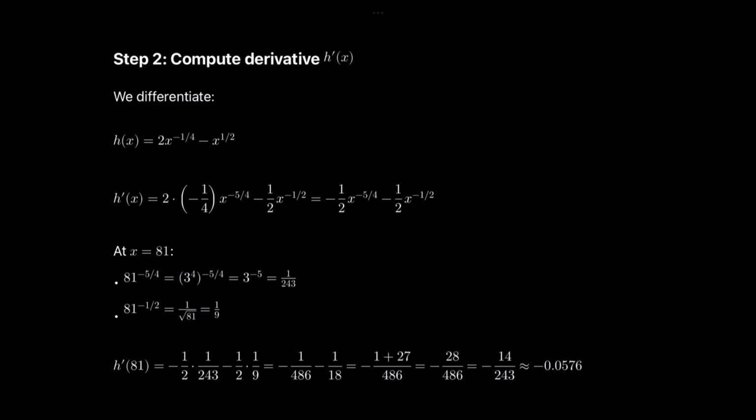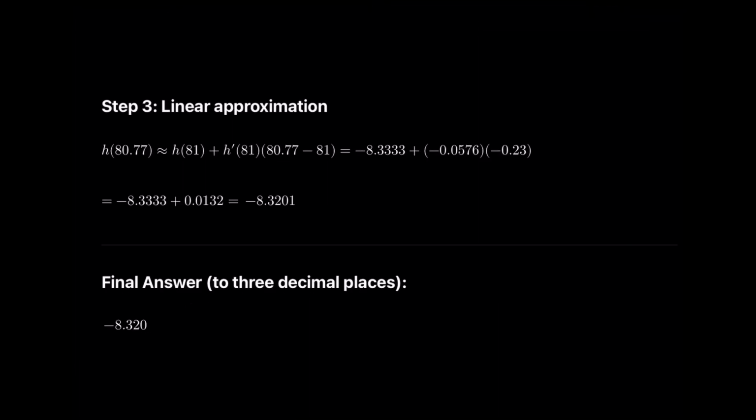Lastly, we will get negative 14 over 243, and we change it to a decimal number, we get negative 0.0576. Step 3. Linear approximation. We just transfer all our values into the formula.